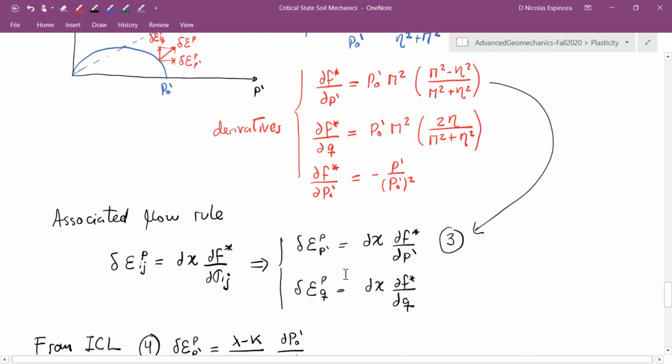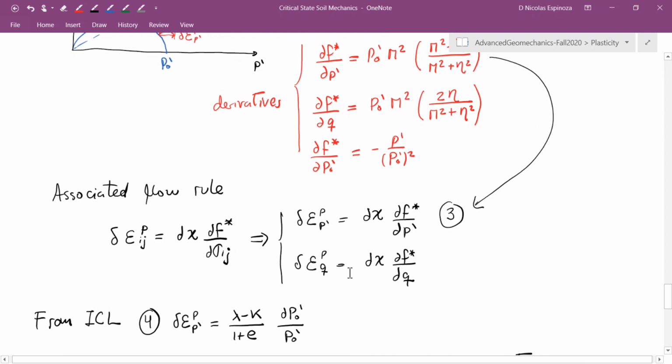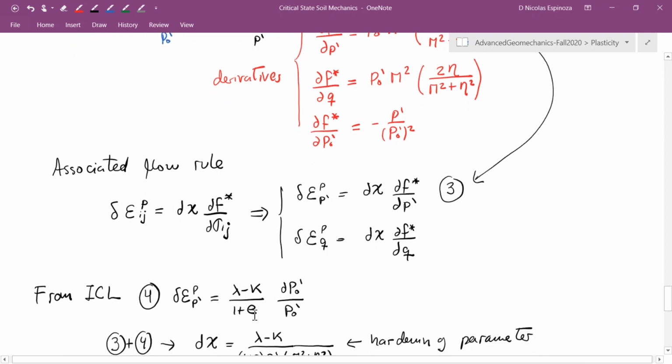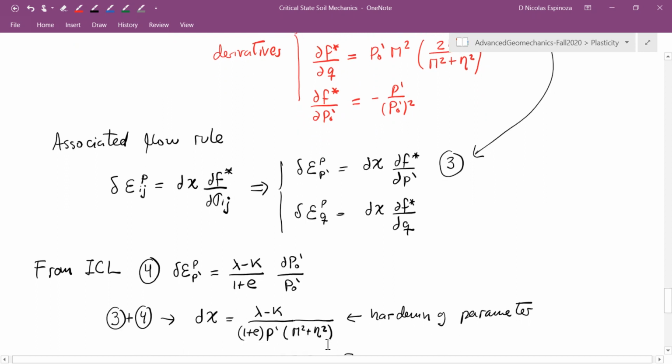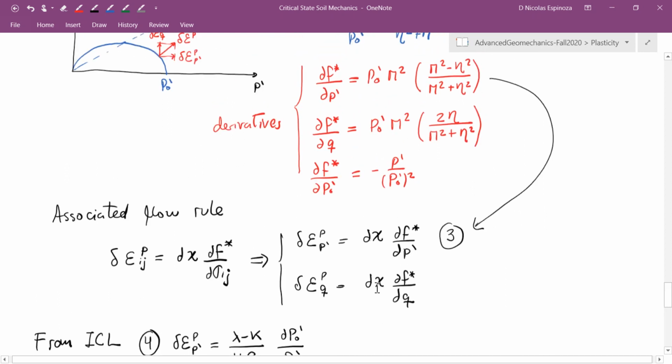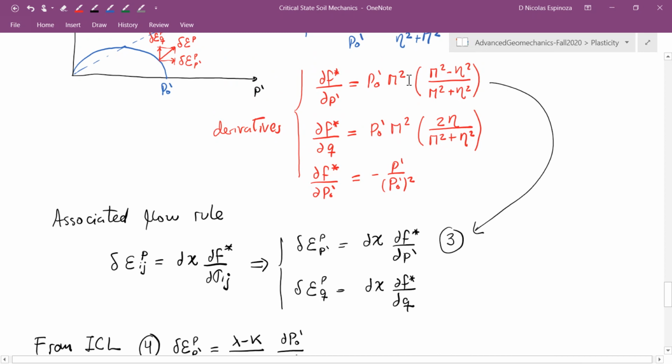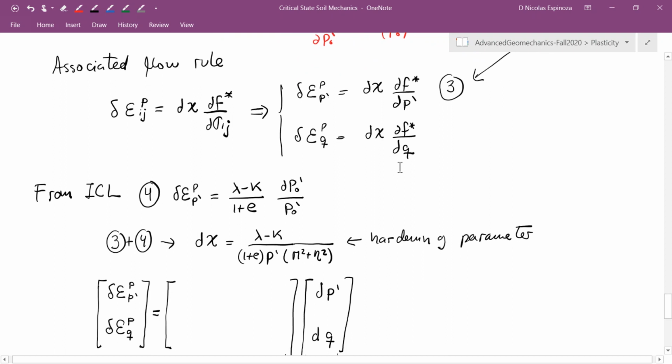Notice over here that, for example for the plastic strain, as I replace the hardening parameter and multiply it times this other quantity, I'm going to have in my equation both changes of mean stress and changes of the deviatoric stress.